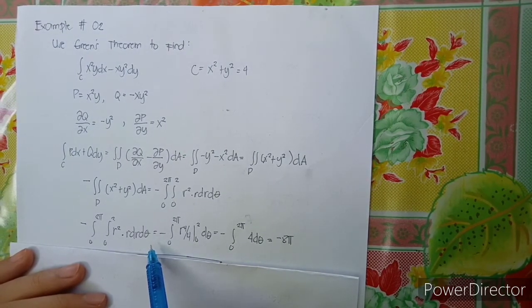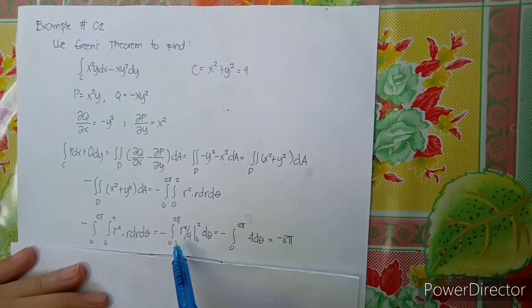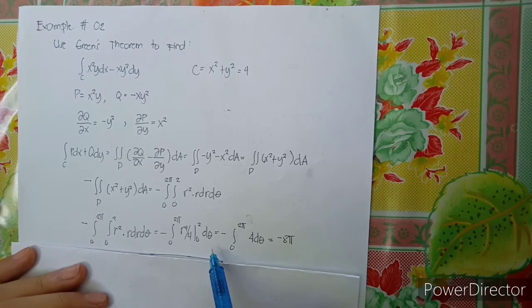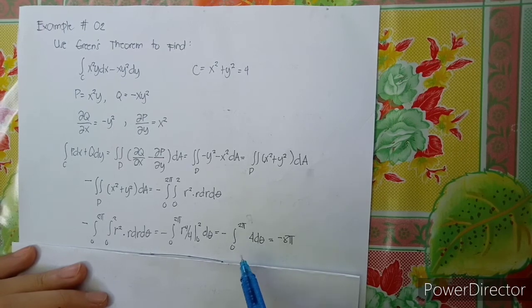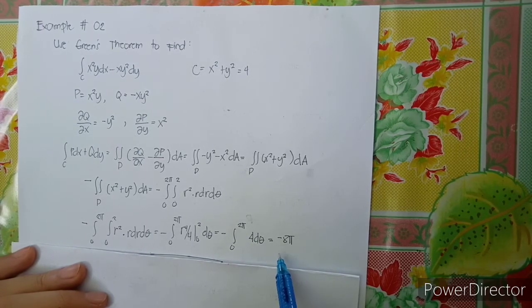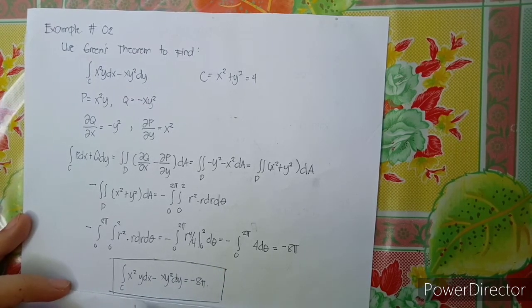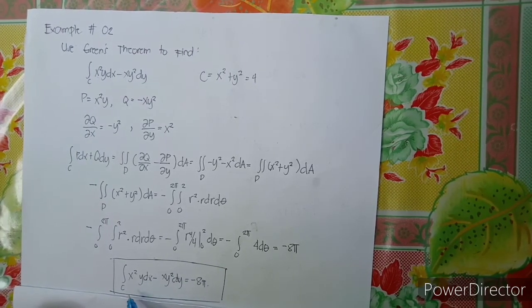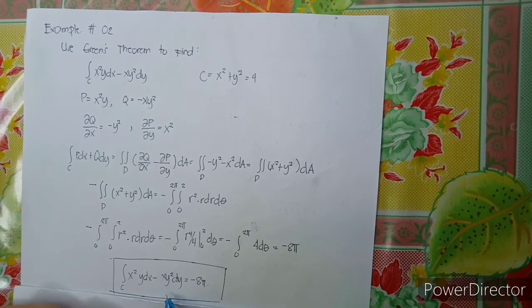Applying the integration, it will be equal to negative integral from 0 to 2 pi of r raised to the 4th over 4 with limits 0 to 2 d theta, which is equal to negative integral from 0 to 2 pi of 4 d theta, which is equal to negative 8 pi. So the final answer for the given line integral of x squared y dx minus x y squared dy will be equal to negative 8 pi.